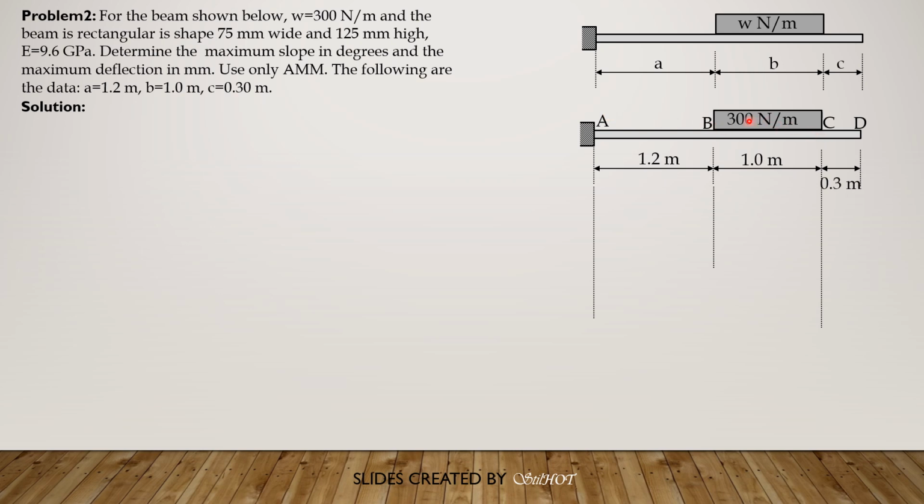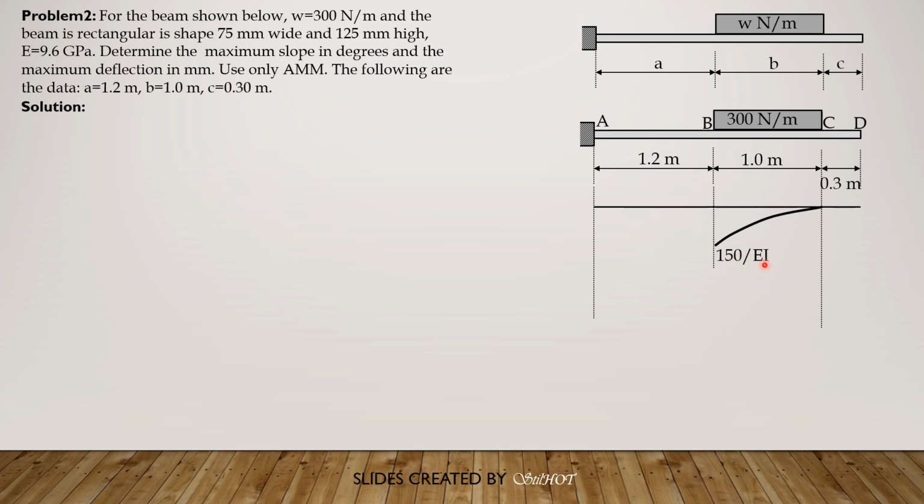So we compute the moment of this uniform load at B first, then at A, so that the resulting moment diagram would be easy to compute, especially the area. So this is the moment second degree, because this is 0 degree, so the moment curve would be second degree, 0 plus 2. So 300 times 1 times 0.5 is 150 over EI.